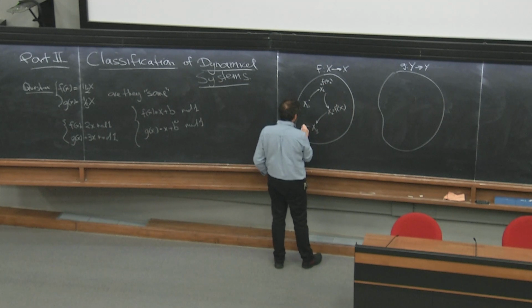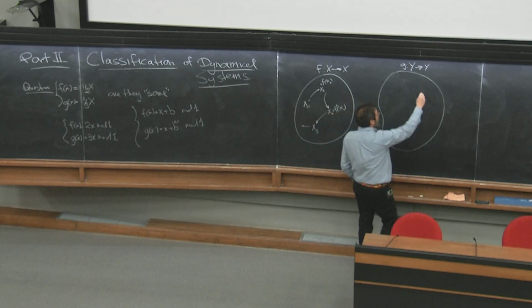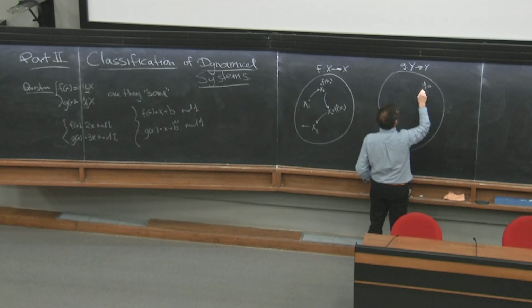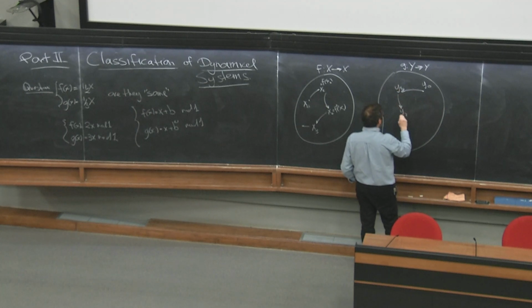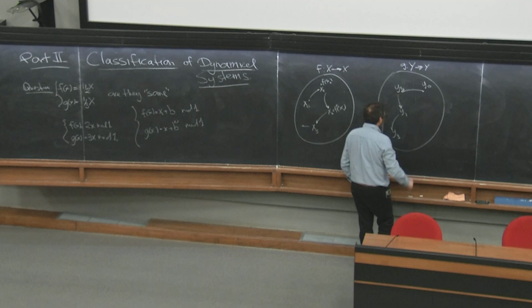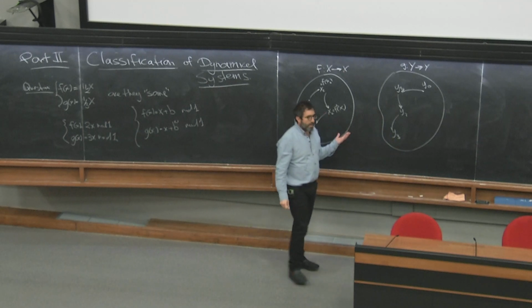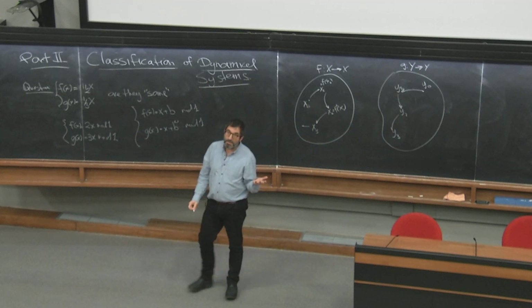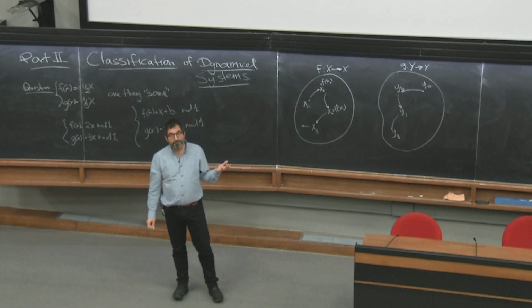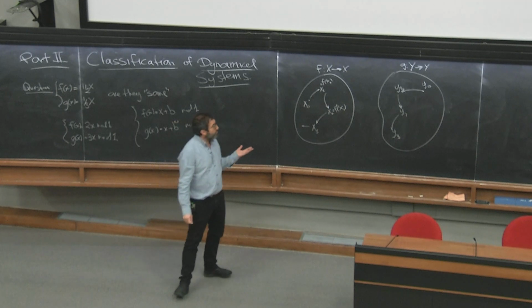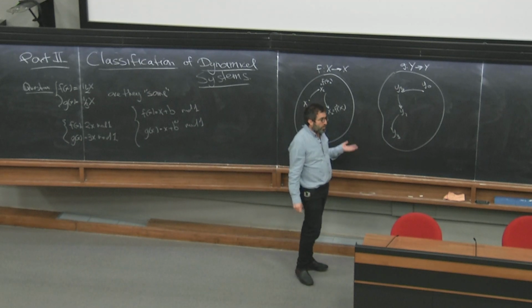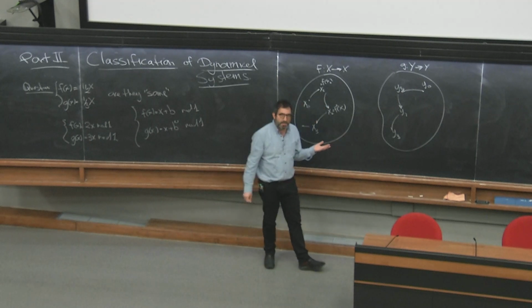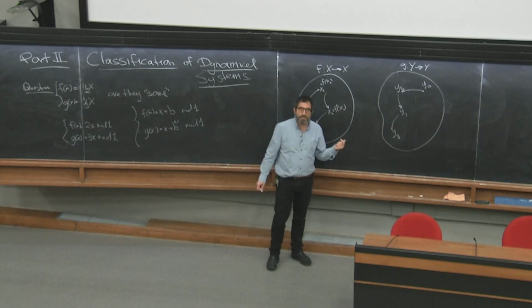And here you take some point y0 and you map it by G. I look at these two systems, and I would like to have some criteria that will tell me that these are more or less the same system in some sense.